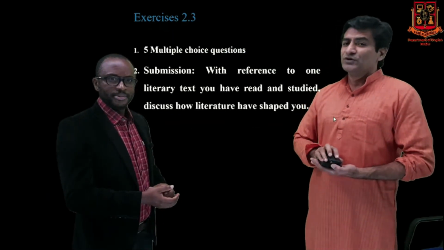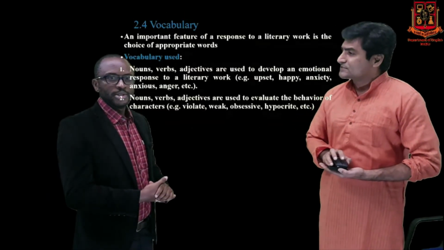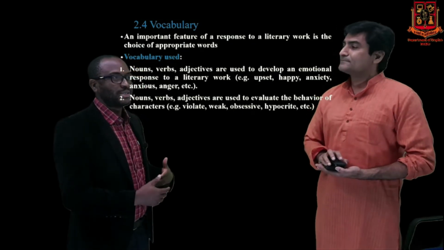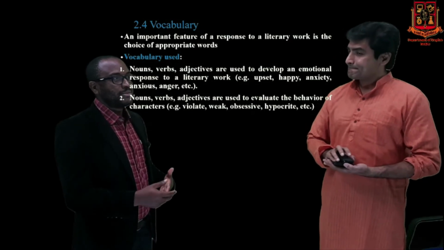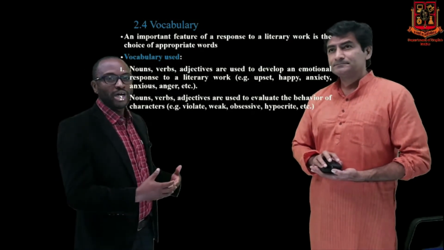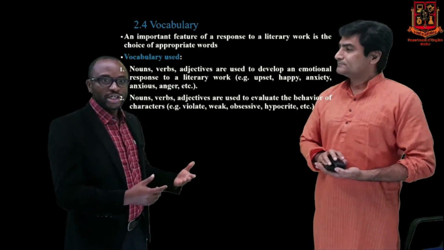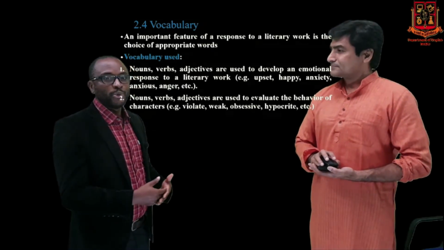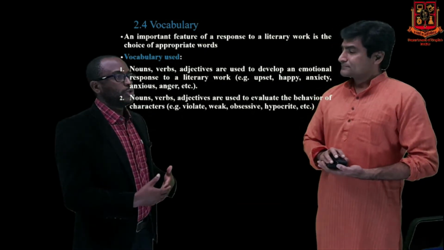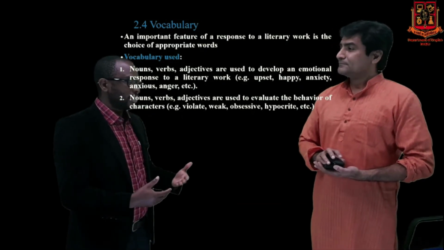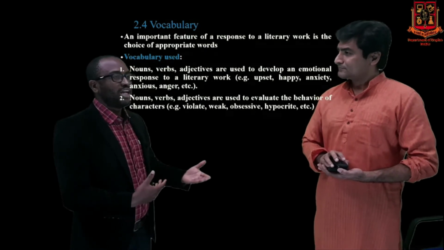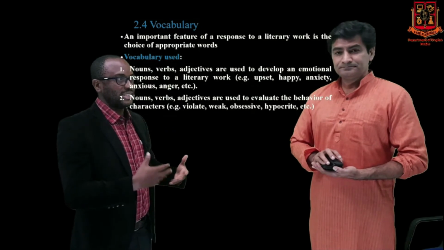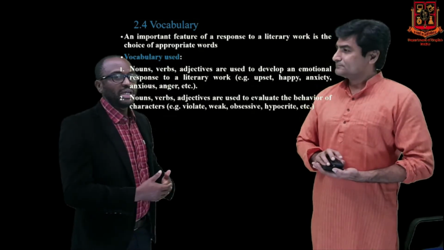Well, Mr. Clement, what is the final component of this unit? So the final component of this unit is about the vocabulary. Vocabulary is also a very good characteristic of academic writing. So in literature, we use many kinds of words in order to show our emotion through the text, to evaluate the characters, and to evaluate the aesthetic quality of the work being analyzed.